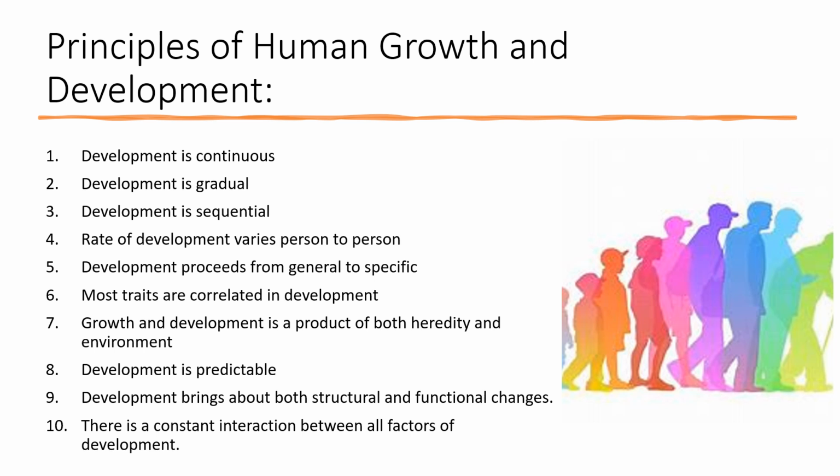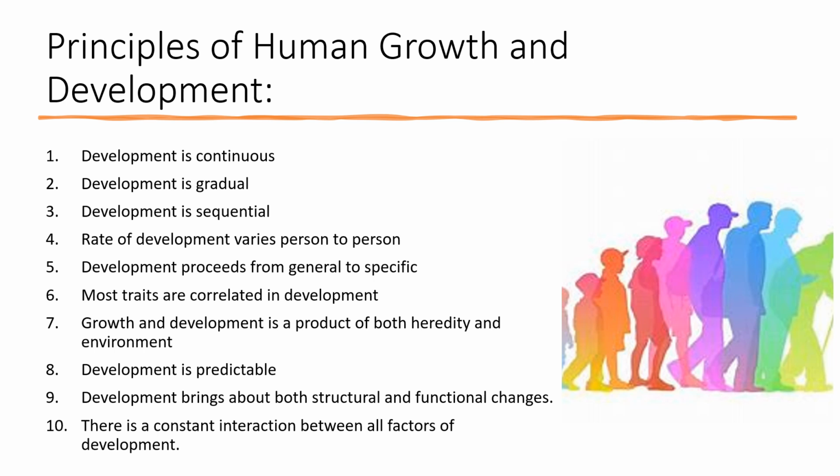Even some children will start to speak very early, some will be very late, right? Moderately also will be there for most of the children, but still it is different from person to person. And development proceeds from general to specific, meaning with the general aspect the development will proceed and it will focus on the specific aspect, like cognitive development, socio-emotional development, like that.